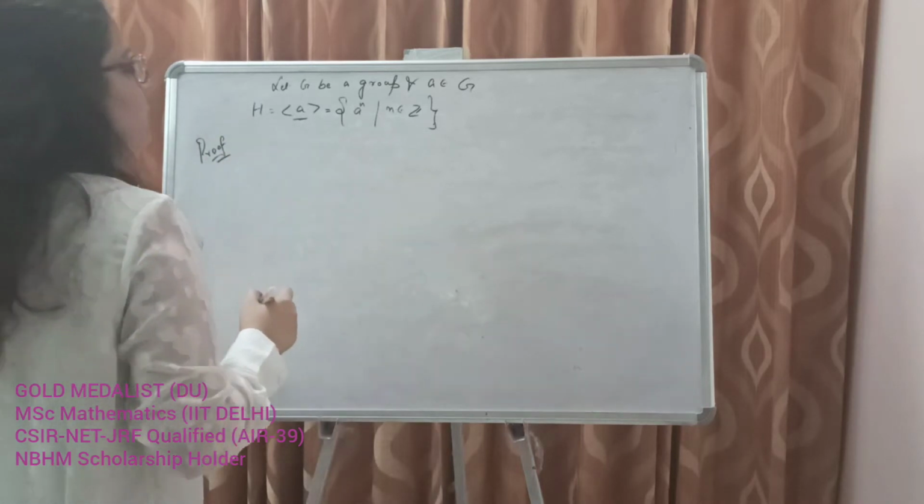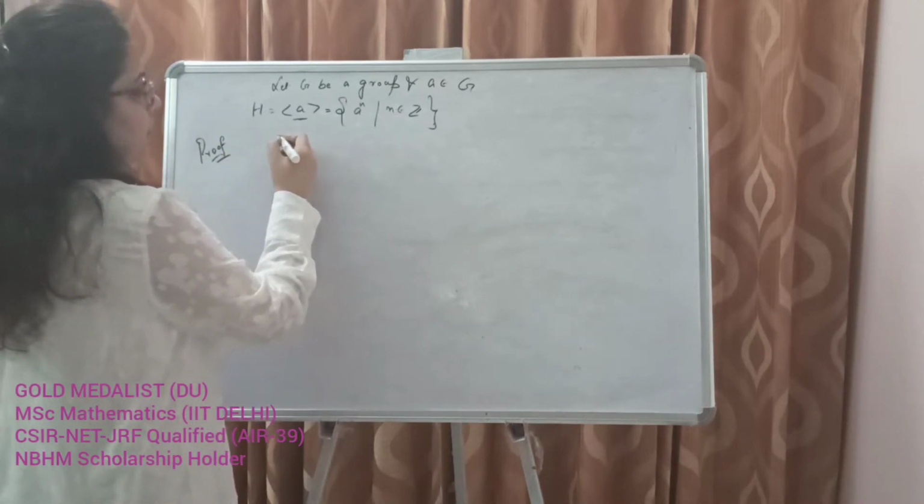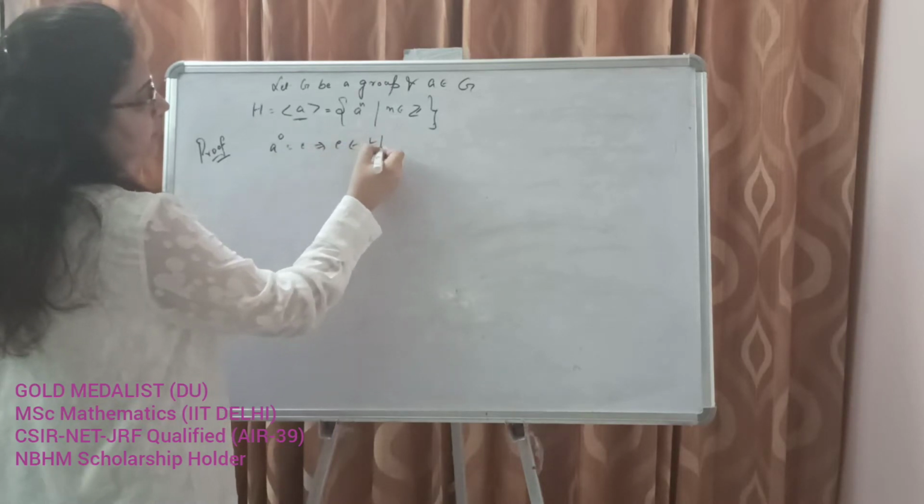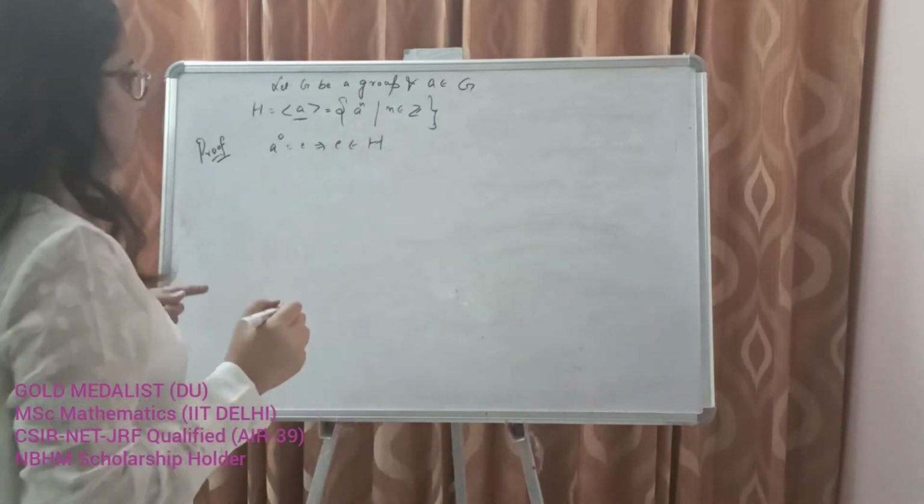Right? So a^0 is equal to e. This implies e belongs to H. Right?